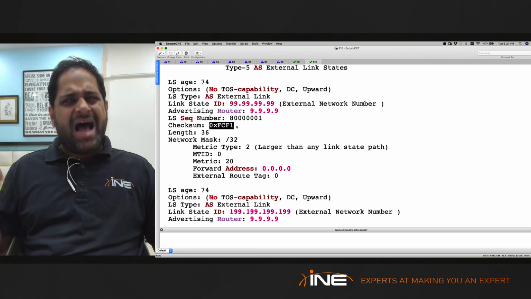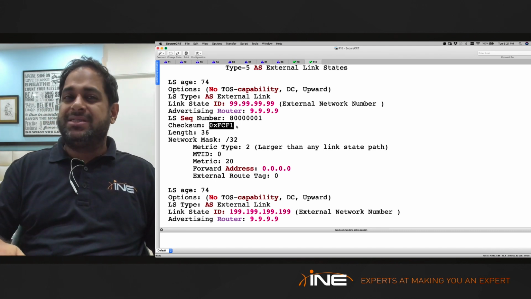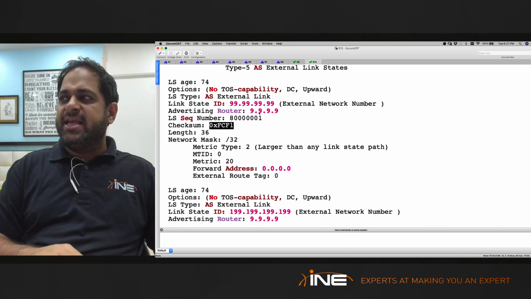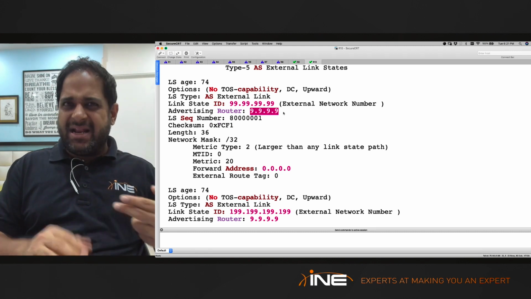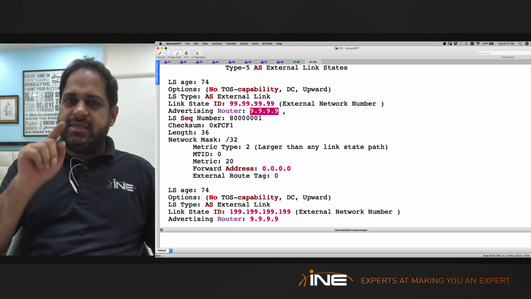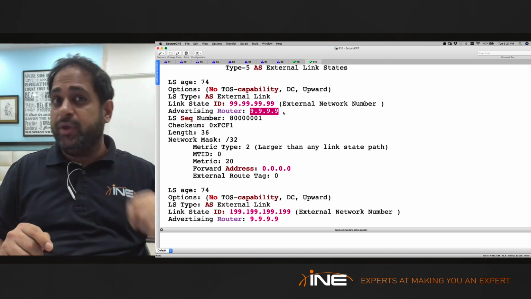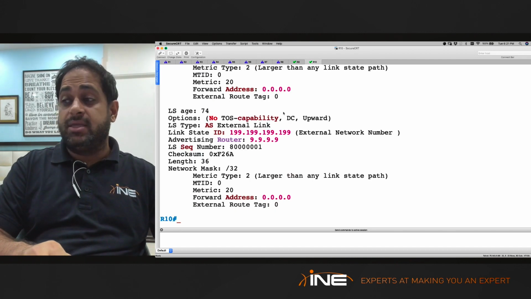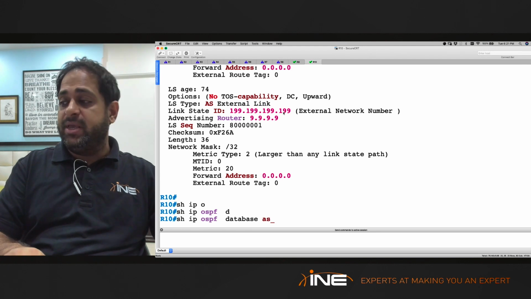Now the problem is, how do I get to this network? I always do an SPF towards the advertising router. What's my advertising router? It's 9.9.9.9. Is that a prefix? No, it's the router ID of R9. So how do I get to the ASBR? To reach the ASBR, I look at the LSA 4, show ip ospf database asbr-summary.